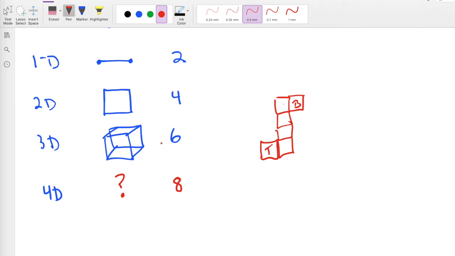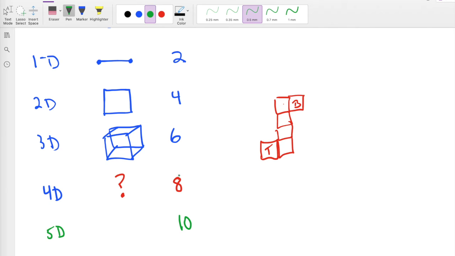So if we can imagine a shape made out of 8 3-dimensional cubes that fit together in some way, we could continue. 5-dimensional would be using then 10 of these shapes that we can't even really imagine. So it's pretty interesting. And then suddenly you're in this weird spiral of shapes and things that you cannot see.